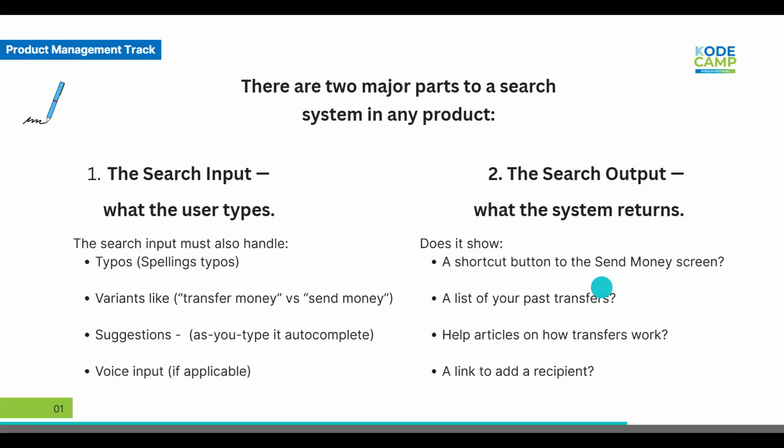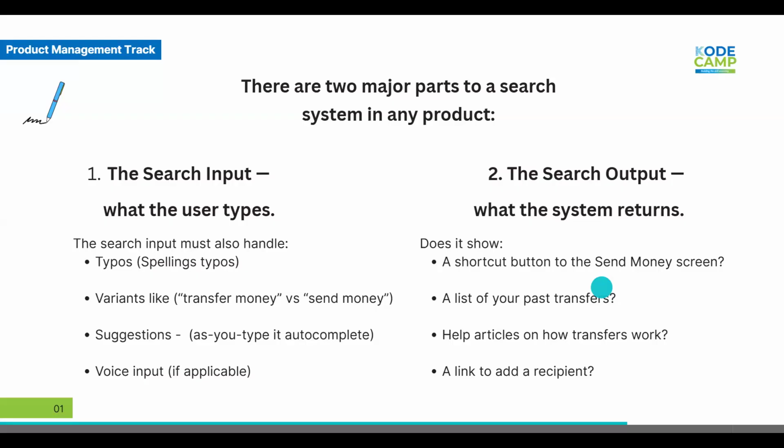If your search engine only matches exact words, that's a fail. The user typed in the right intent, but your system didn't understand it. This is why things like keyword mapping and synonyms matter in product design.